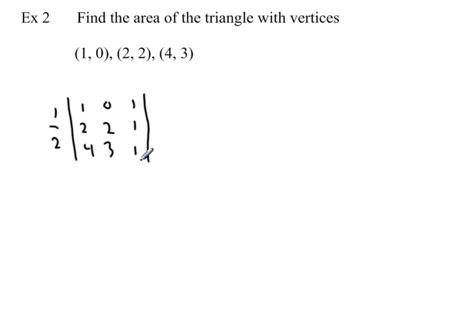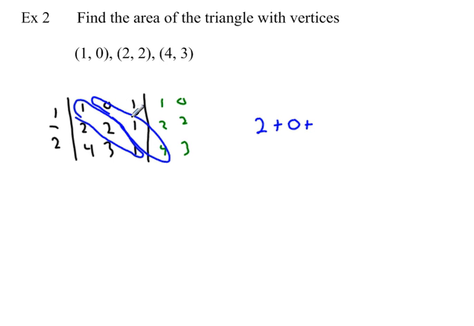Okay, now we can find this determinant a few different ways. One method we learned before was let's just copy some of these columns again. So there's the first column copied again. There's the second column copied again. And then let's just multiply along these diagonals. So 1 times 2 times 1 is 2, plus 0 times 1 times 4 is 0, plus 1 times 2 times 3 is 6, minus.